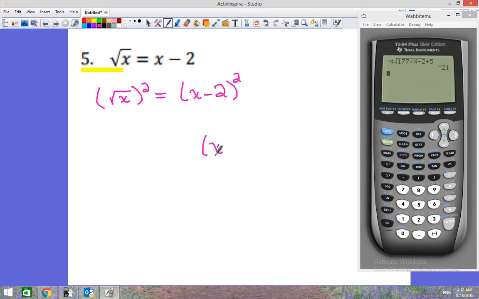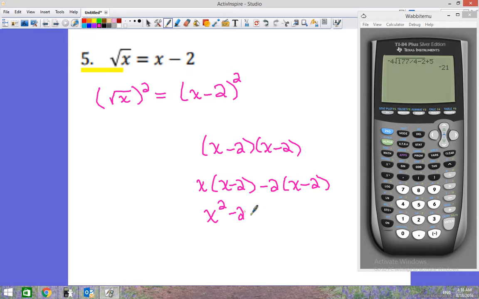Remember that when you have x minus 2 times x minus 2, you take this x and distribute it to the x minus 2, and you take that negative 2 and distribute it through there. If I distribute the x to those two terms, and then distribute the negative 2 to those two terms, I get these middle terms that are like terms, and you can add them together.